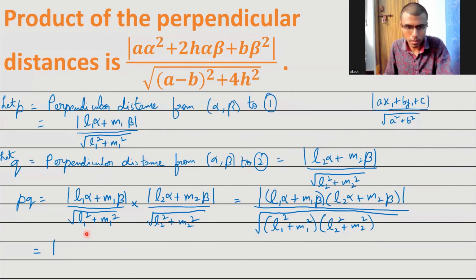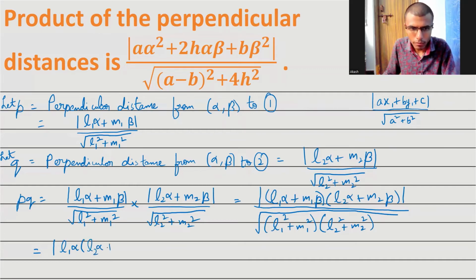So I have L1 alpha into L2 alpha plus M2 beta plus M1 beta into that same bracket, L2 alpha plus M2 beta. This entire thing is in the modulus.